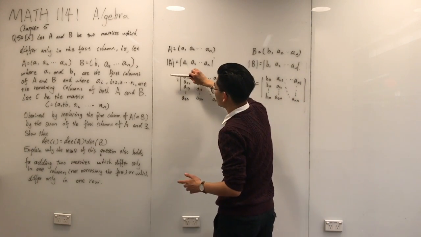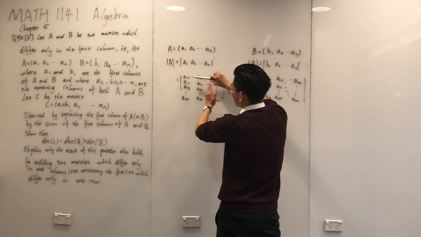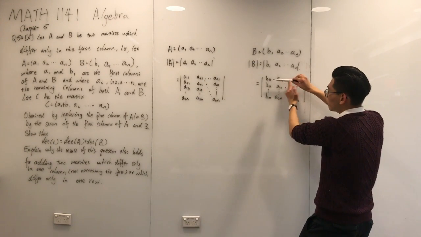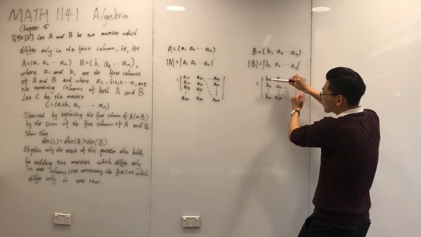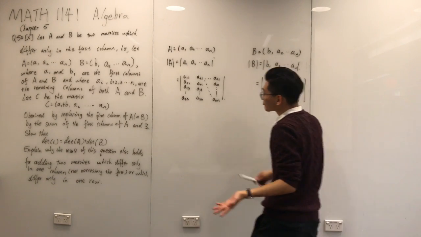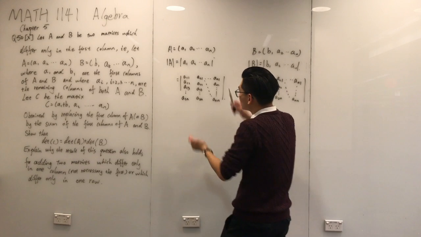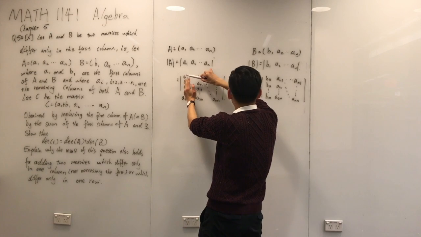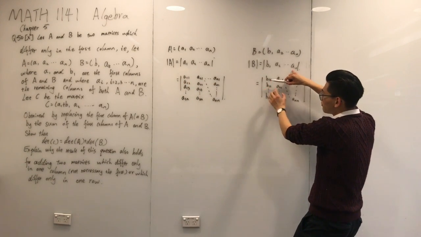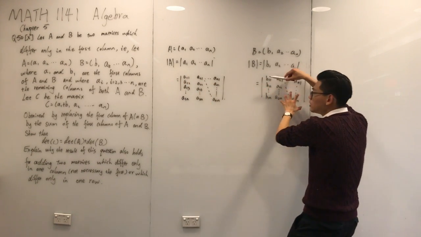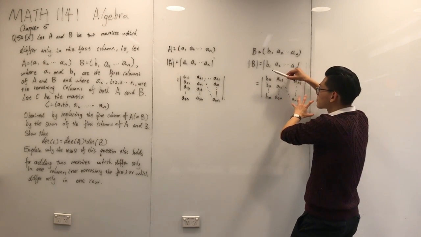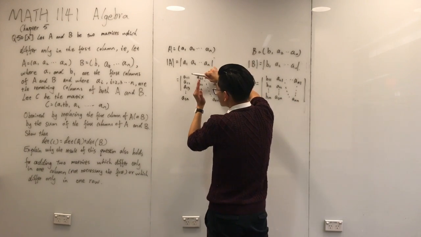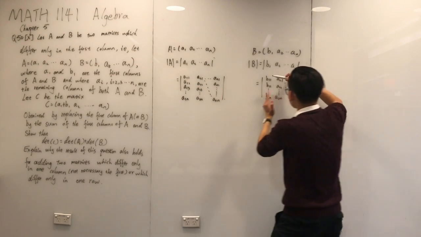Usually we just expand along the first row, first column, first row, second column, first row, third column. And same here. But quickly you will find out that if we do it this way, for example, first row, first column, it's fine because we got exactly the same determinant here. Right, so it seems like no problem here, but we're going to take first row and second column, first row and third column.